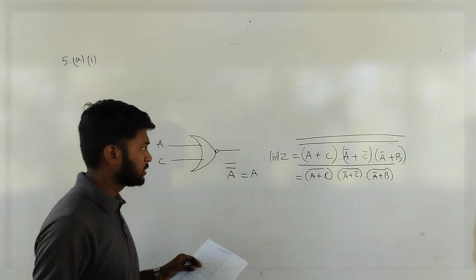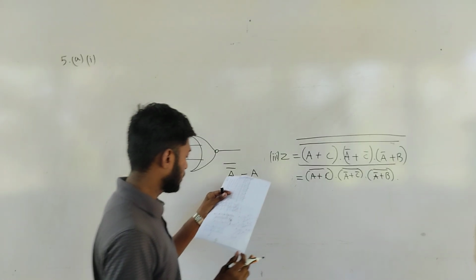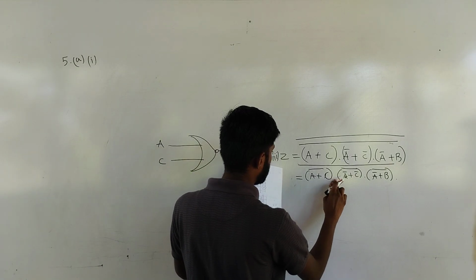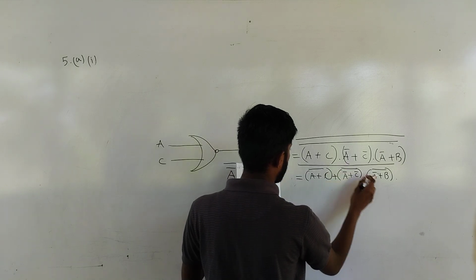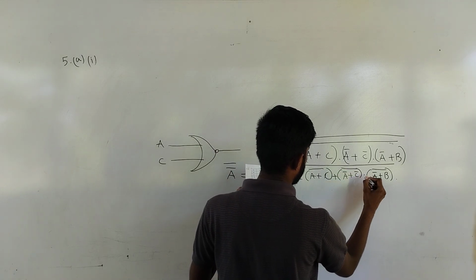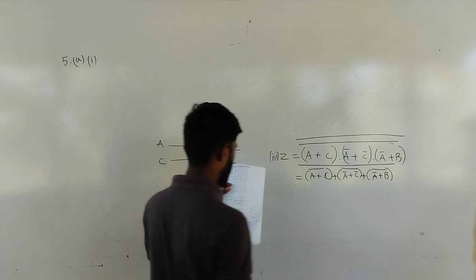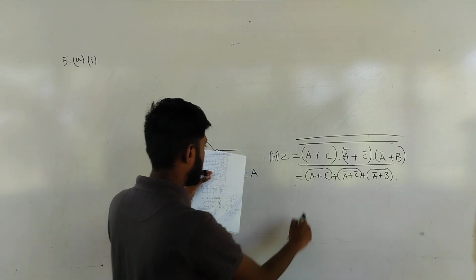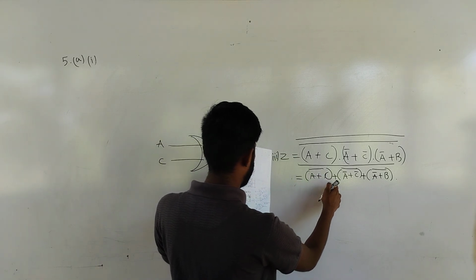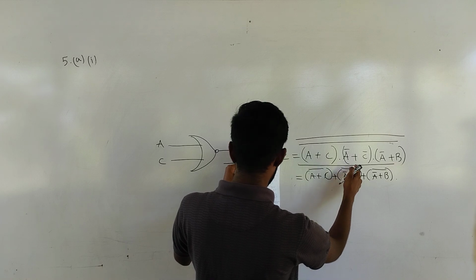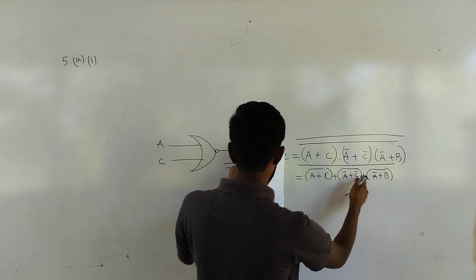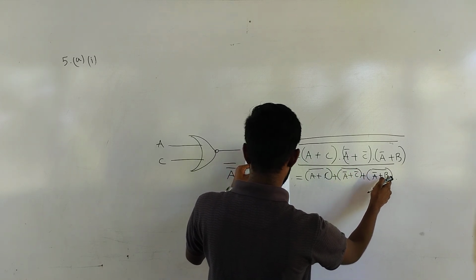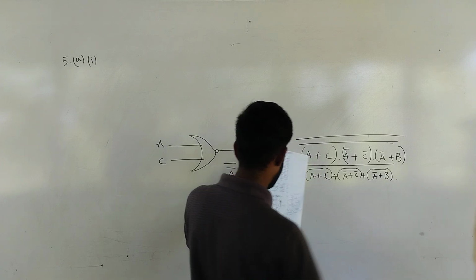Now you know these dots will become plus. So you will be getting (A plus C)bar plus (A bar plus C bar)bar plus (A bar plus B)bar, with one bar at the top.